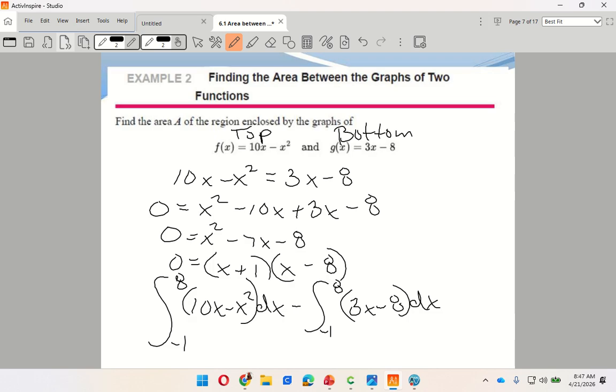Alright, I'm going to move to a new page to actually do the math on this one. If you switch the -1 and the 8, will it still be the same? What happens when I change the balance? Are you saying on the second part, change it instead of minus?